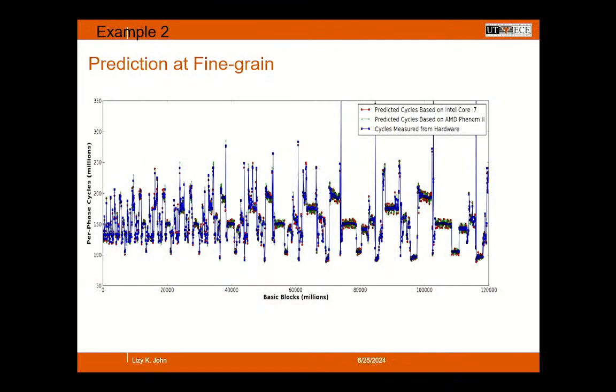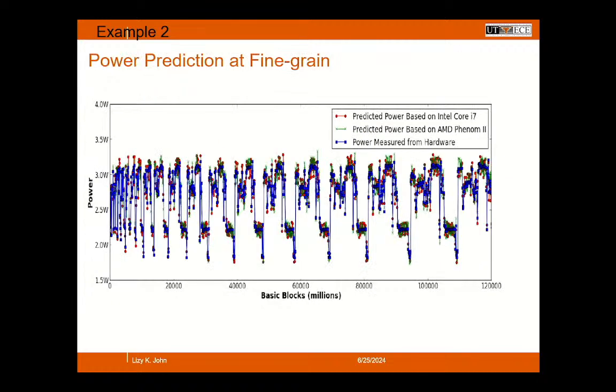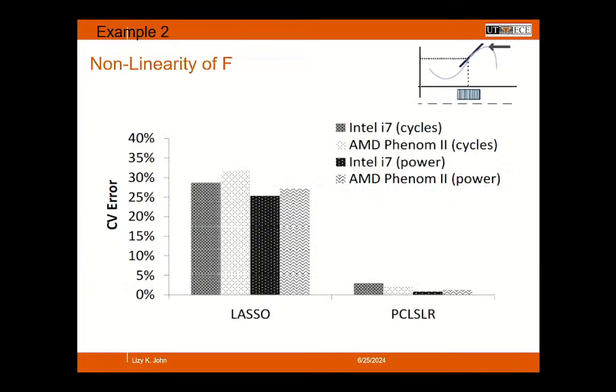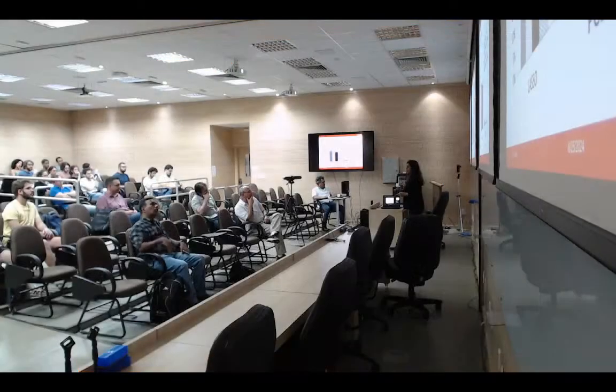Here also, with the time varying, we could basically see that power and performance, in this case cycles, is tracking the actual pretty well. And for power also, it's tracking it very well. Now, this cross-platform prediction can be for any objective metric you are trying to find, and it can be between any different platforms.